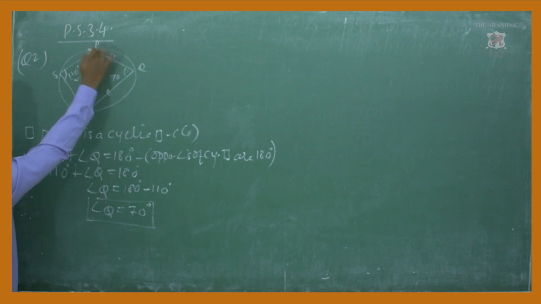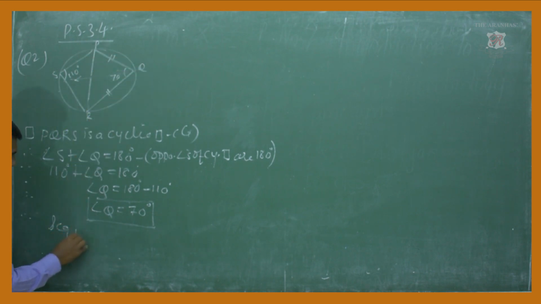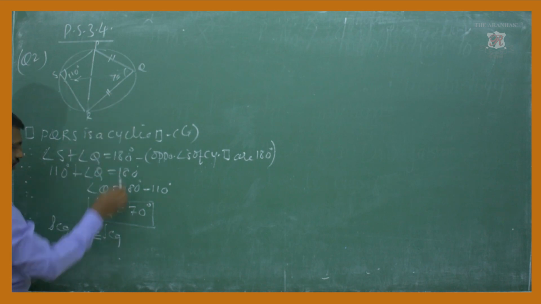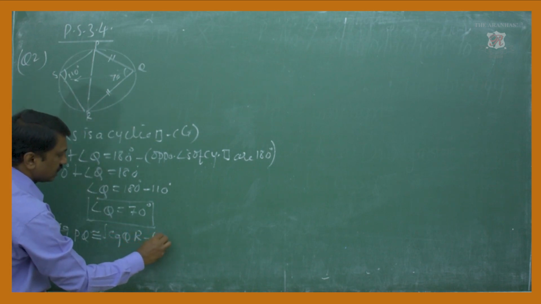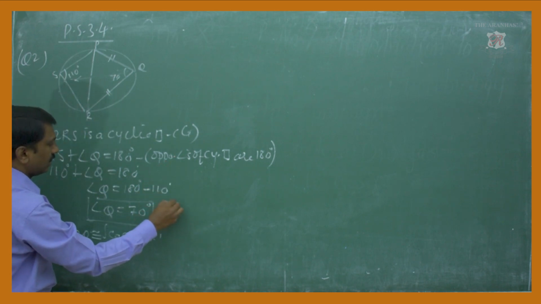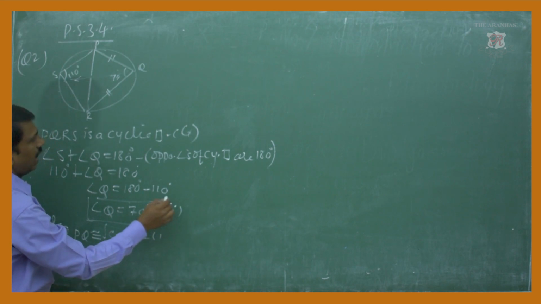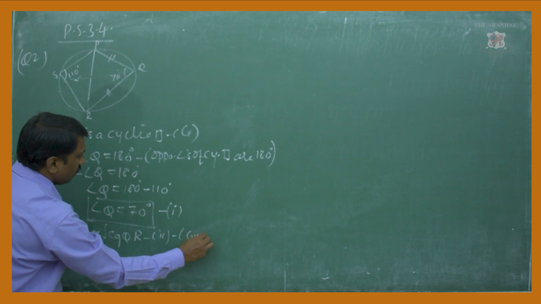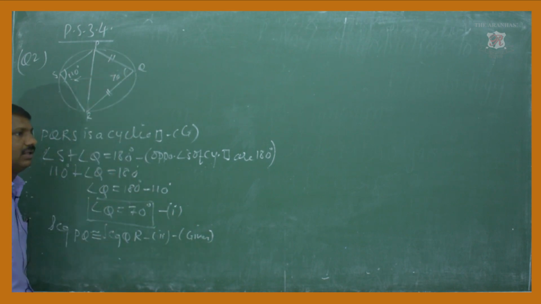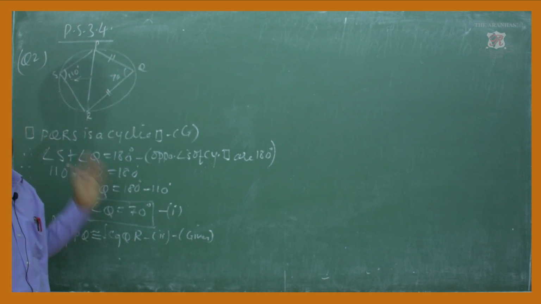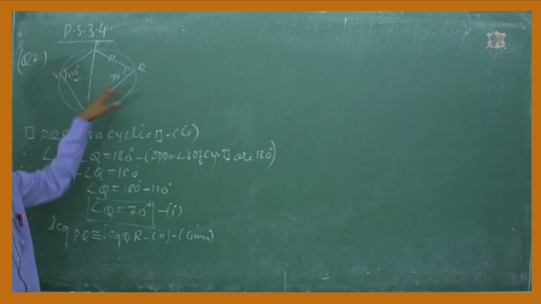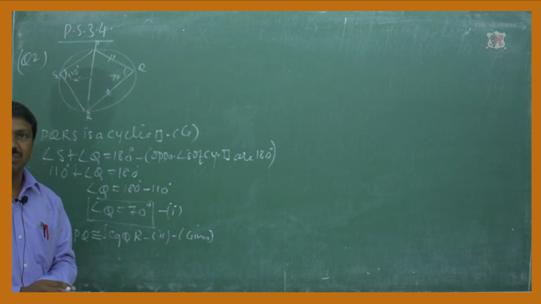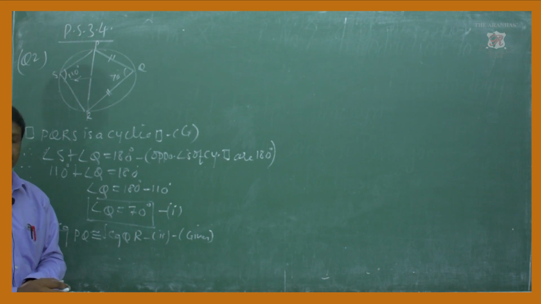Here we write segment PQ is congruent to segment QR. These numbers we didn't put, I'll write them: this is the first one, and here we'll write second. This is given only. In triangle PQR, segment PQ and segment QR are congruent to each other.